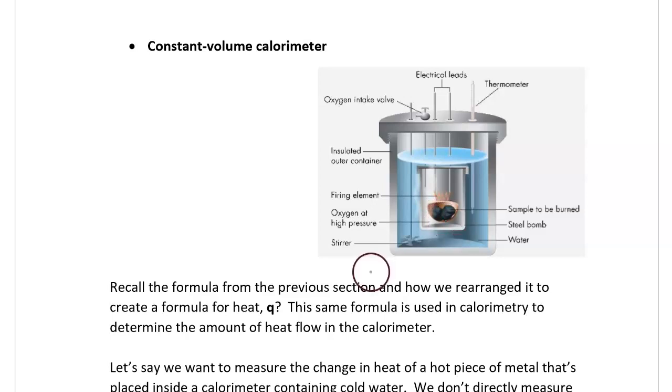If we still had face-to-face class, we would have done a lab on this, where we burned up a piece of food. It's common to use a potato chip or a peanut, something that has oil in it, and so it burns up well. And by measuring the temperature change of the surrounding water, we can figure out how many food calories are in that piece of food.